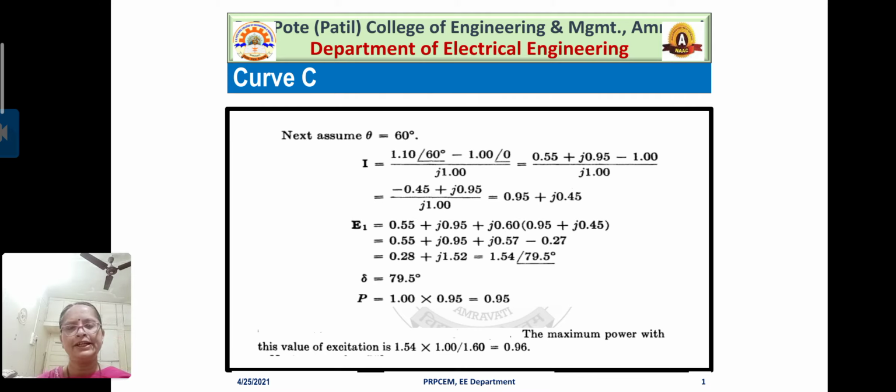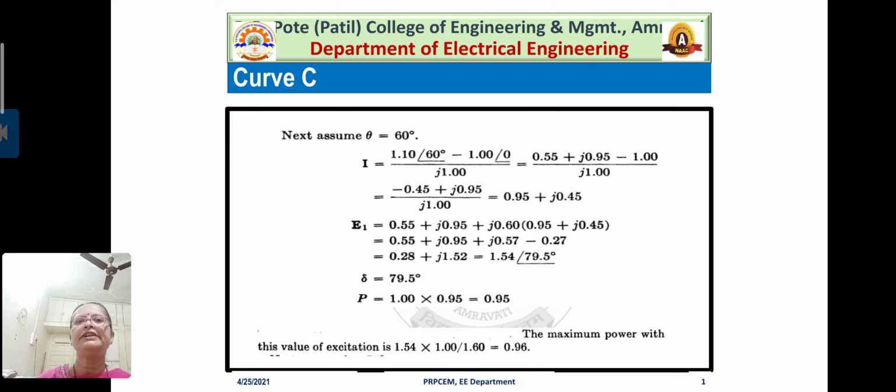Convert polar to rectangular, and again you get the value for I as 0.95 plus J 0.45. Once we obtain I, calculate E1. I know how to calculate. With a similar procedure we obtain E1 as 1.54 at an angle of 79.5 degrees.